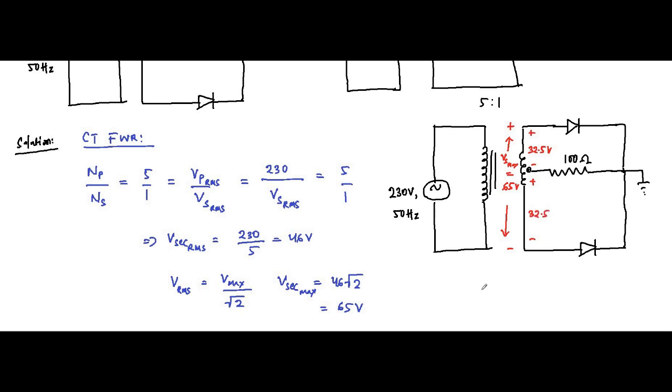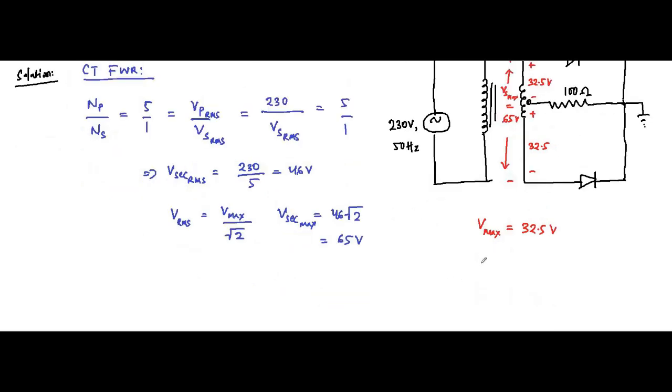This 32.5 volt is the maximum value of the voltage. You can also call it the maximum value of the center tapped winding, the secondary winding voltage, which is 32.5 volt, which is subjected to the diode, the two diodes.